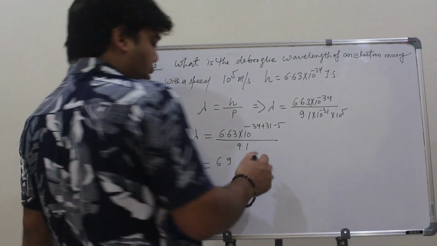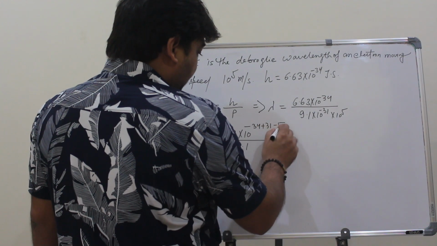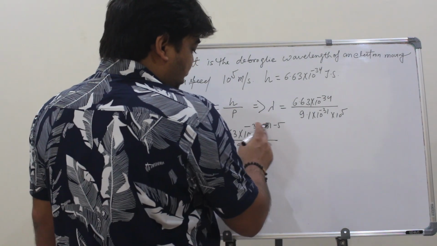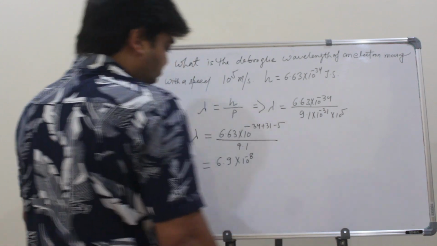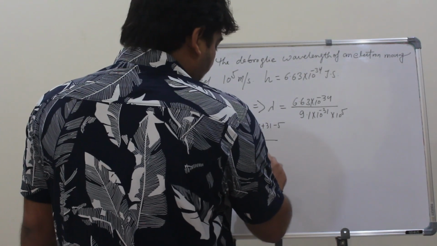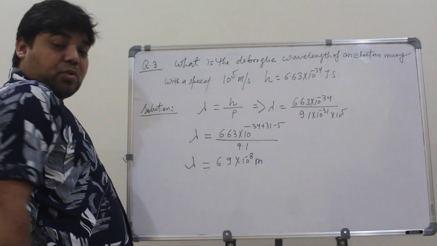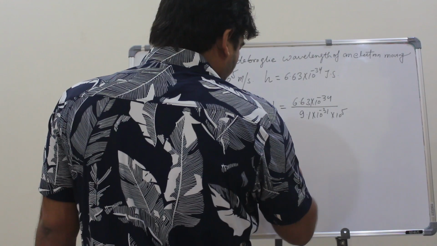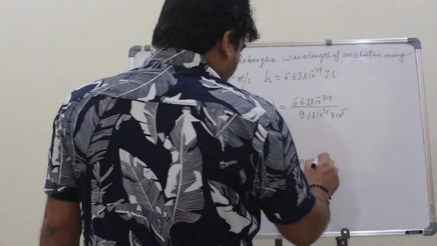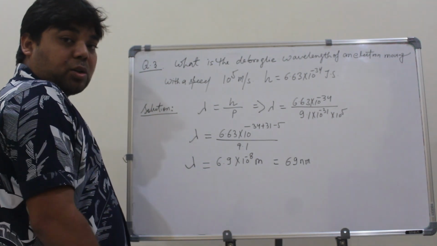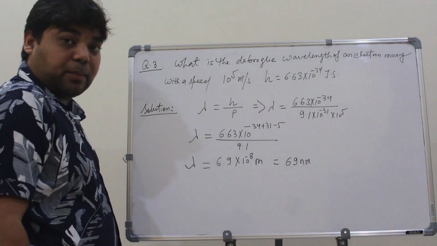You need to verify it. So it is close to that, times 10 to the power minus 30, and this is minus 3 minus 5, so 10 to the power minus 8 meter. Just change it to nanometer, which will be 69 nanometer, because 1 nanometer is 10 to the power minus 9 meter, so when you divide by 10 to the power minus 9, you simply multiply by 10.